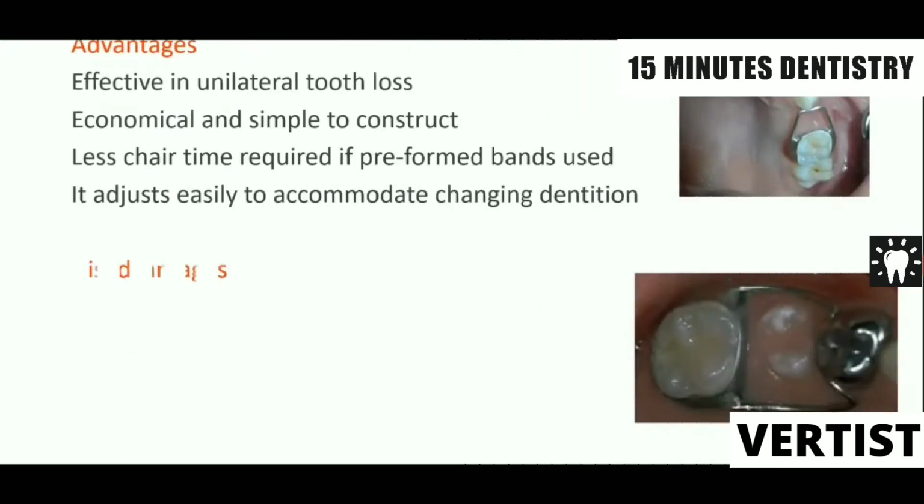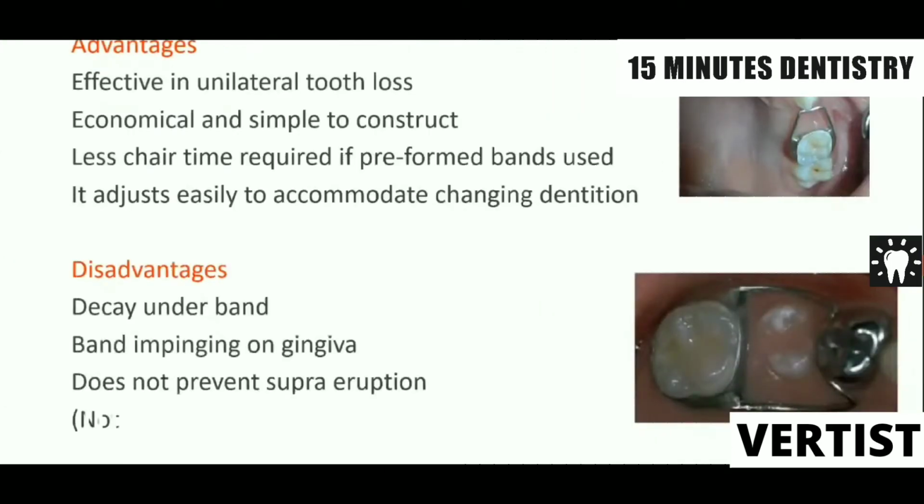The advantages of the band and loop space maintenance are as follows: it is quite effective in unilateral tooth loss cases. It is quite simple to construct, considerably economical. When we use preformed bands, it takes less chair time. And the disadvantages, now remember that these are the disadvantages practically of all the fixed space maintenance that use bands.